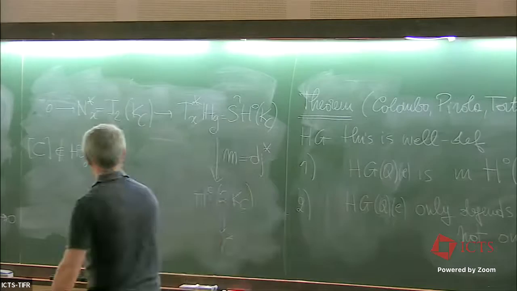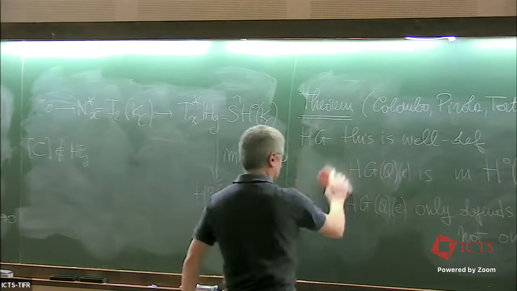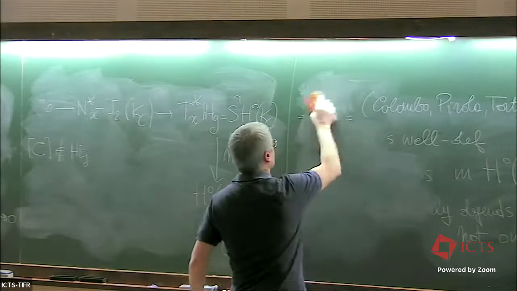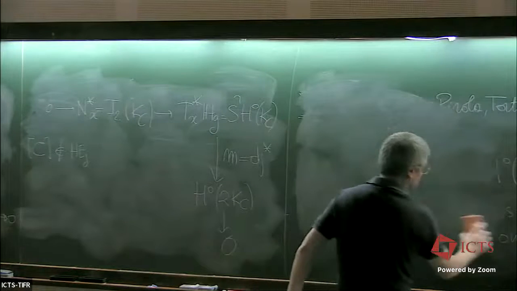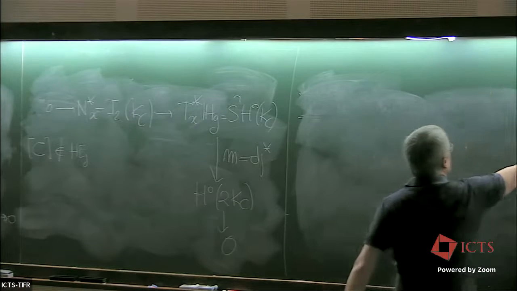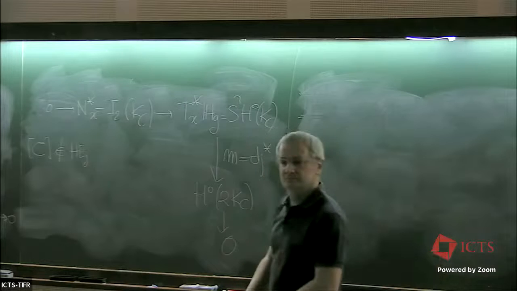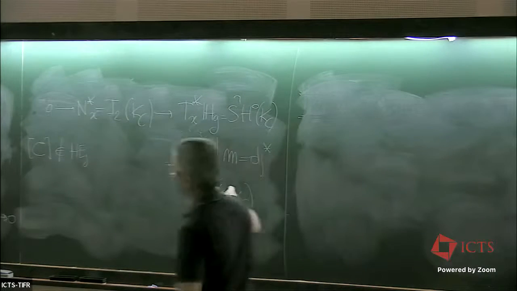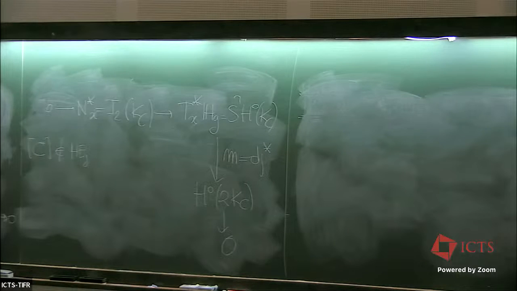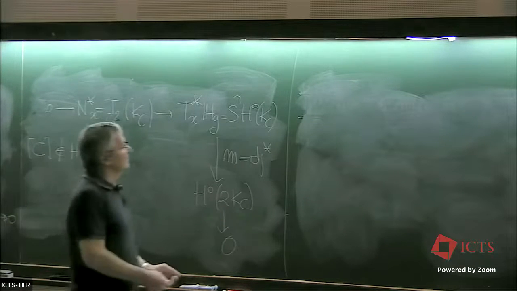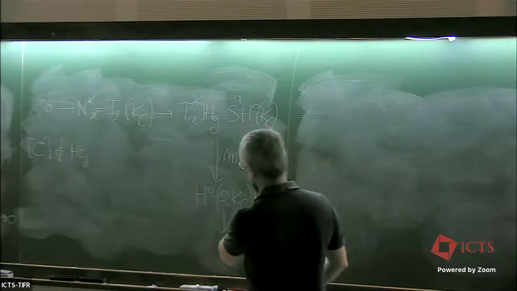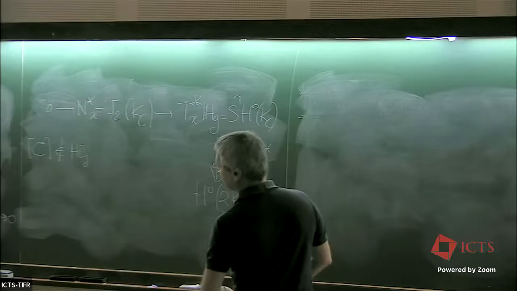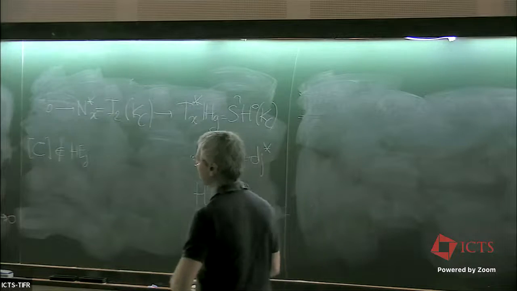Okay, so let's write down. So this is J. So this map I computed. Okay.